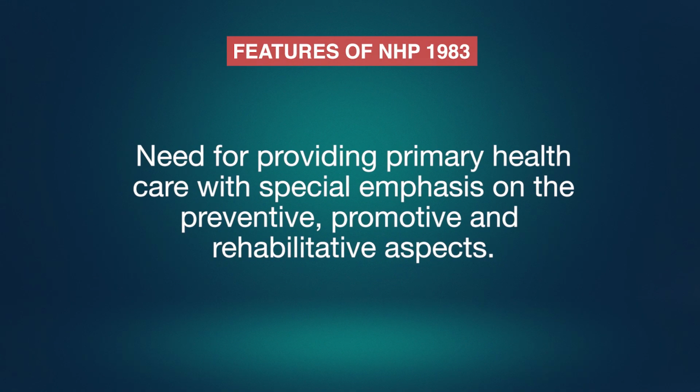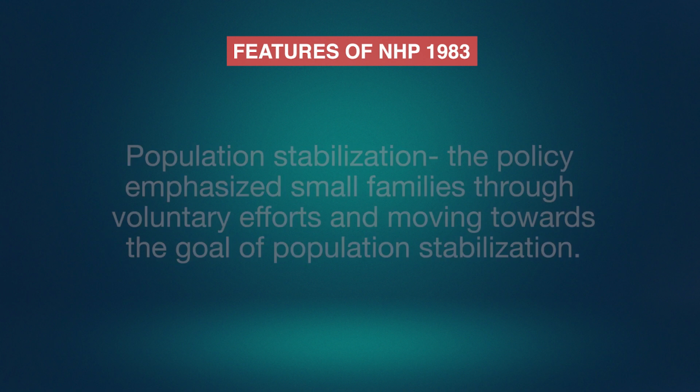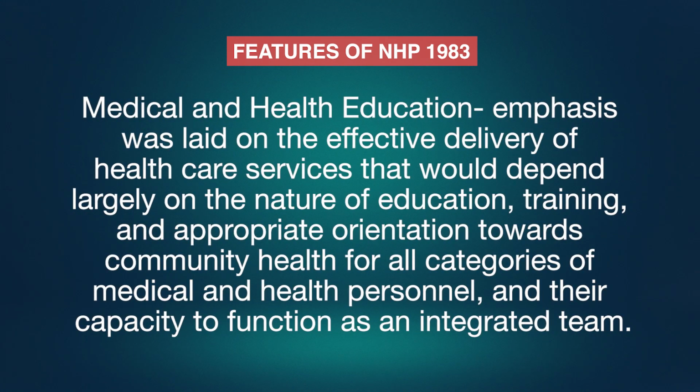Let us now move on to the key features of the 1983 National Health Policy. The first thing that it focused on was the need for providing primary health care with special focus on preventive, promotive and curative health care. The second thing that it focused on was population stabilization. It was believed that overpopulation led to multiple problems and hence small family norms were encouraged. The third important aspect focused on by this policy was medical and health education.